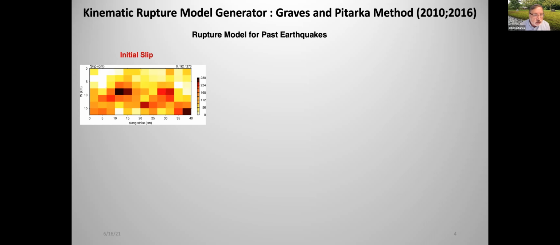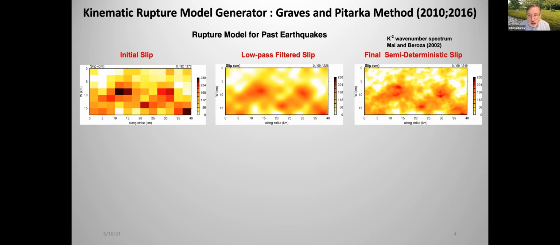This is the rupture generator proposed by Graves and Pitarka. In the case of past earthquakes, we start with an initial slip, we smooth it, and then as Martin explained, we add some stochastic variability in space using the k-square wavenumber spectrum.